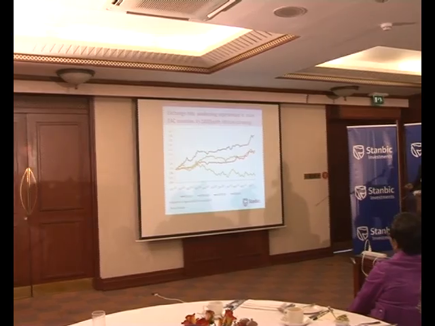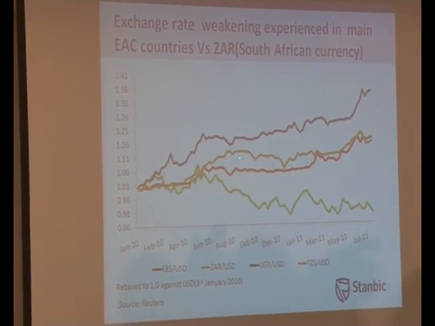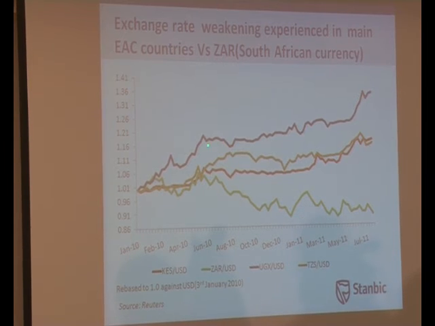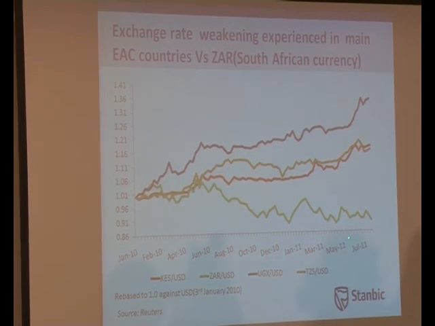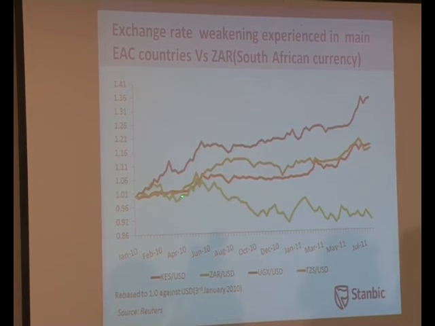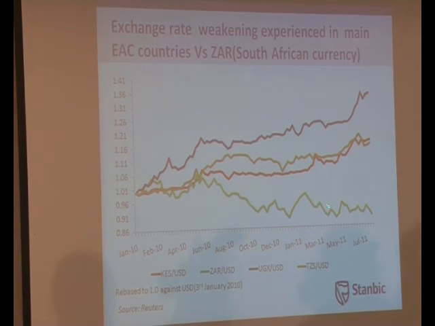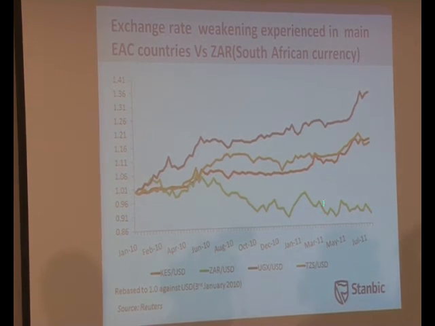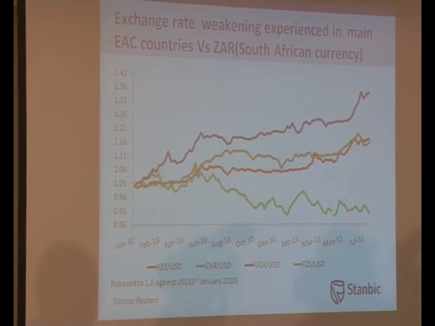And what you can see clearly here is that all three East African currencies, Kenya, Tanzania, and Uganda, have depreciated against the dollar over the last 1.5 years. You can also see that over the last 1.5 years, the rand has fared fairly well because it has been strengthening against the dollar during that period.